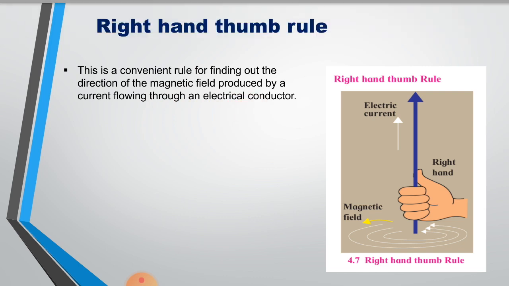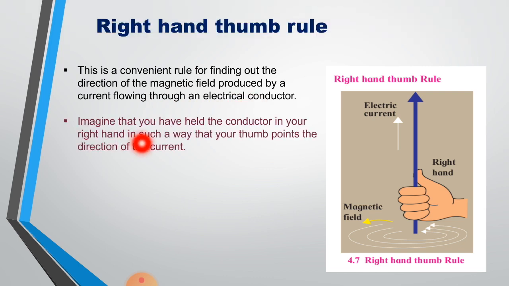Okay, so what you have to do here is imagine. Let's take this as a game, and imagine that you have held the conductor in your right hand in such a way that your thumb points in the direction of current.